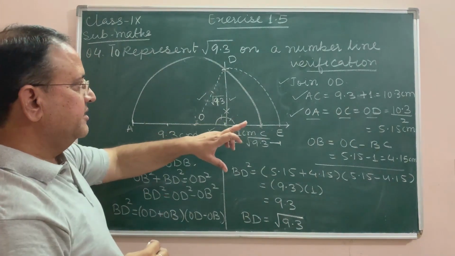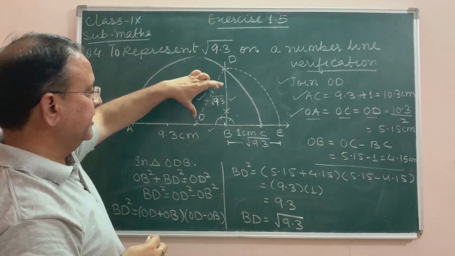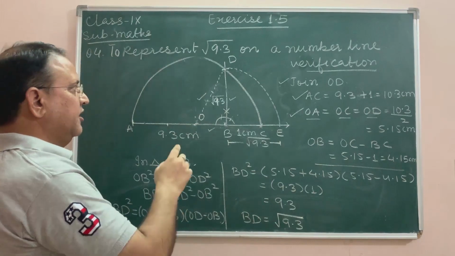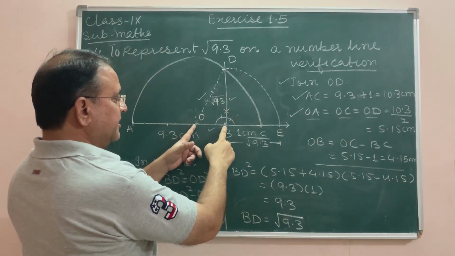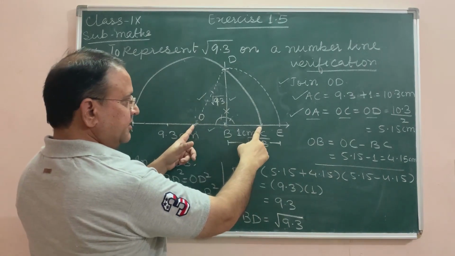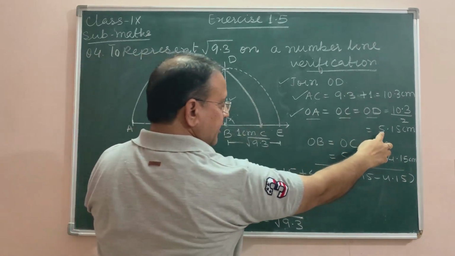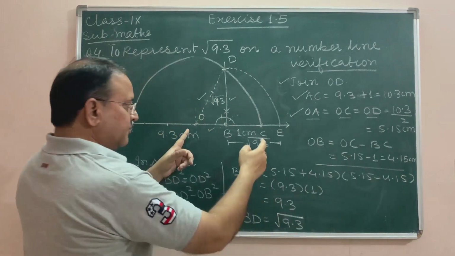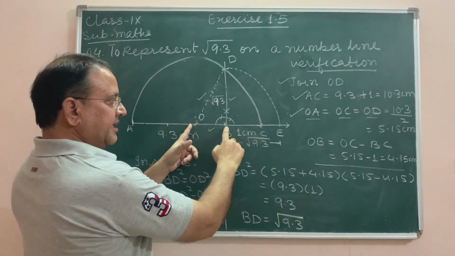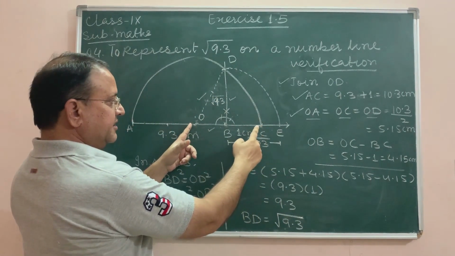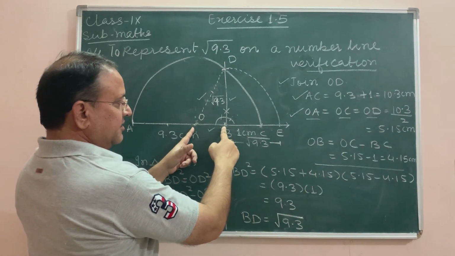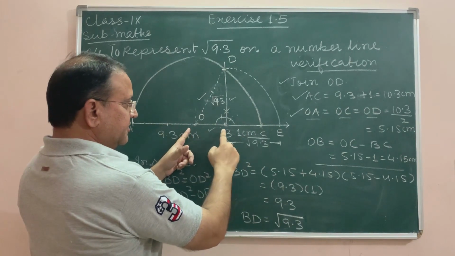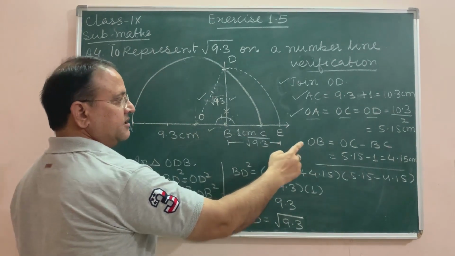So we have the lengths of OD and OC. Now we have to find the length of OB. How can we find it? You know the length of OC is 5.15, so from OC we will subtract BC.